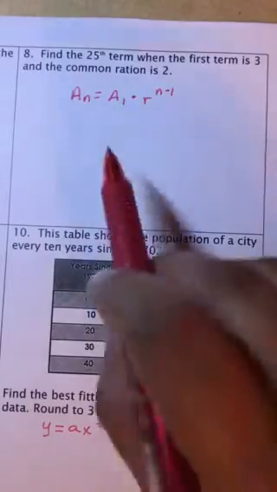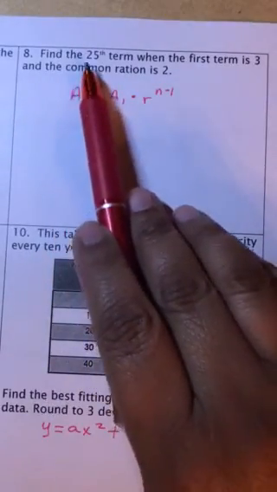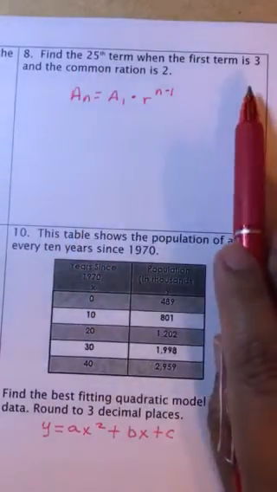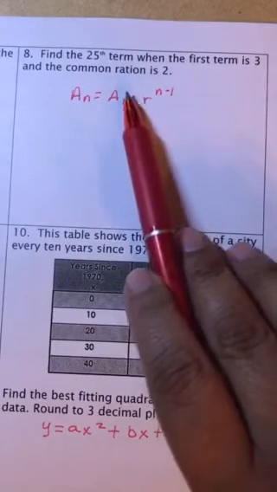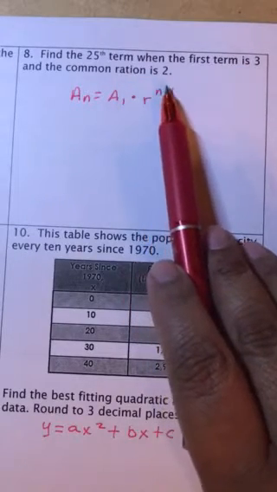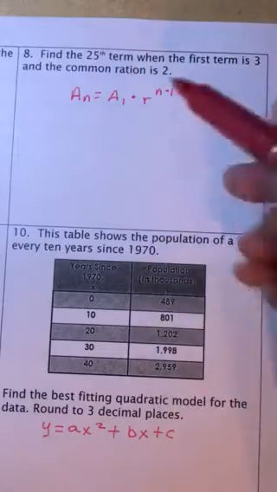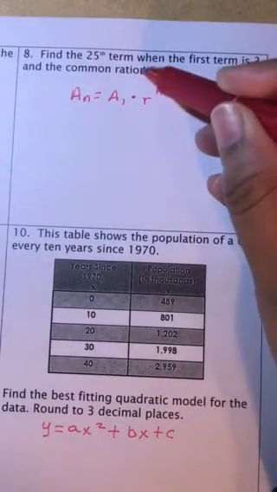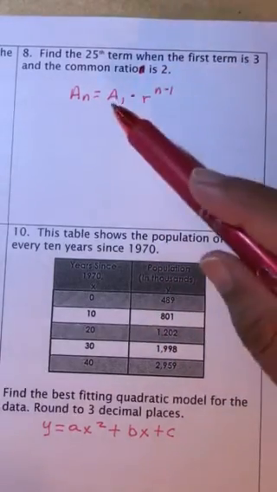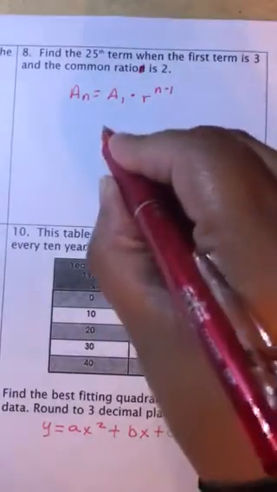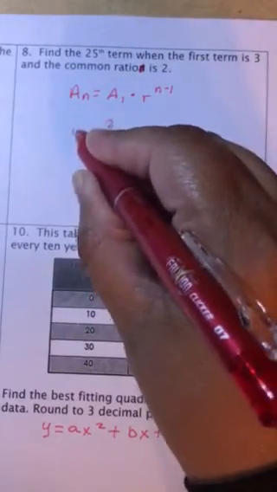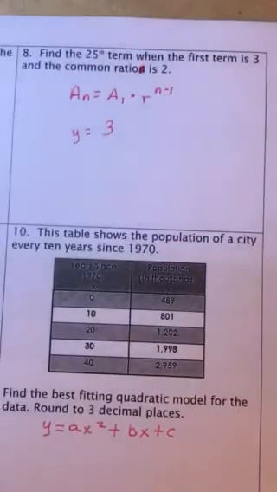Alright, now this time it's telling us to find the 25th term when our first term is 3 and our common ratio is 2. So our first term is 3, so that would go here. Remember, a sub n is just the same thing as y equals.